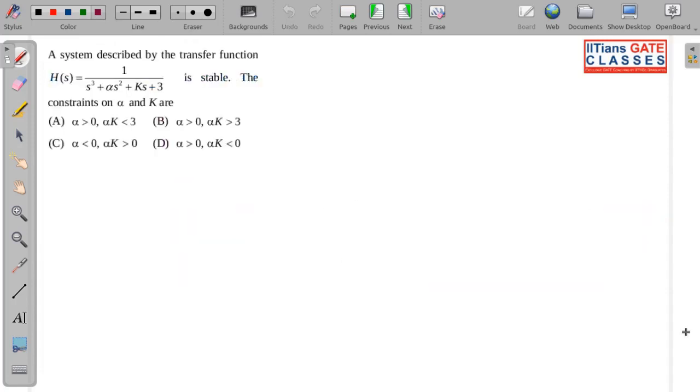So now next we have few objective type questions. So I will give you 1 minute to solve each of the questions. So this is the first question. Please solve it quickly.